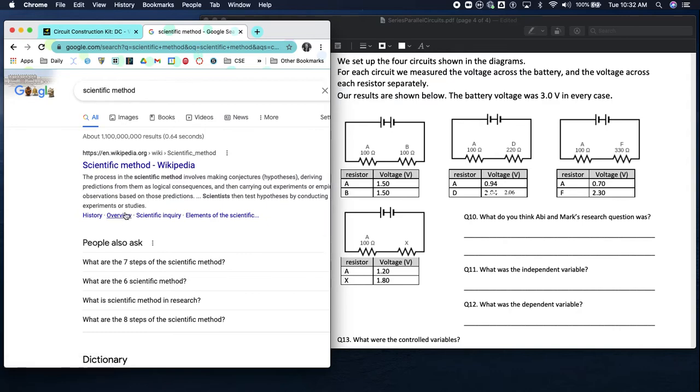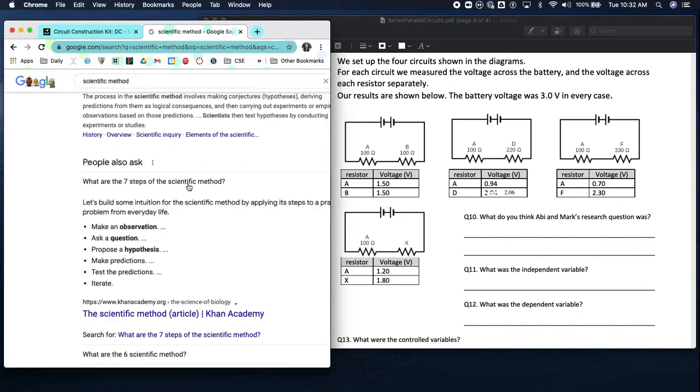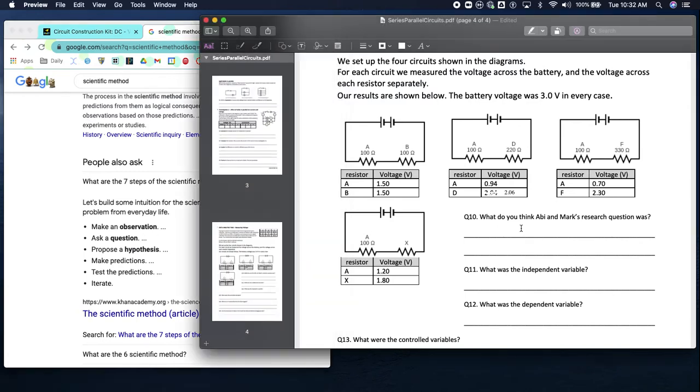The scientific method, make an observation, ask a question. What was Abby and Mark's research question? It may have been something along the lines of, how much resistance is resistor X?